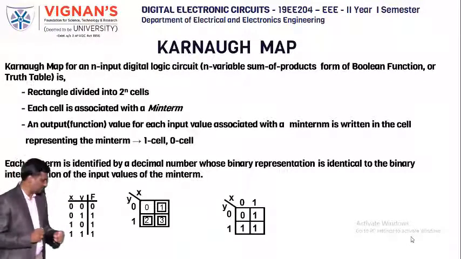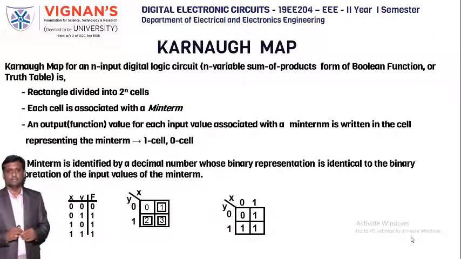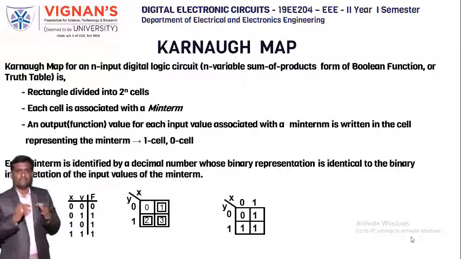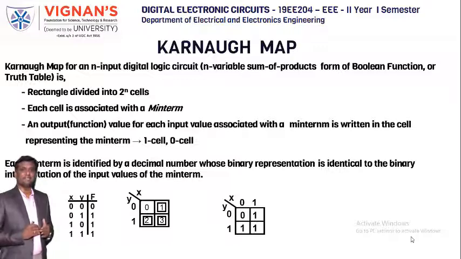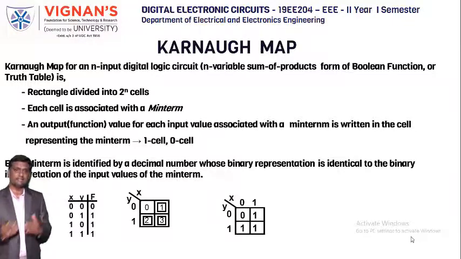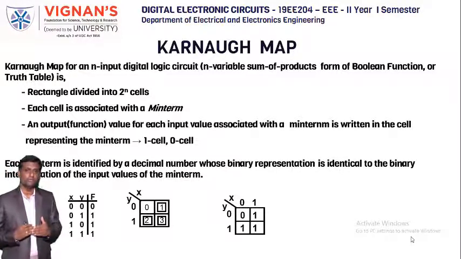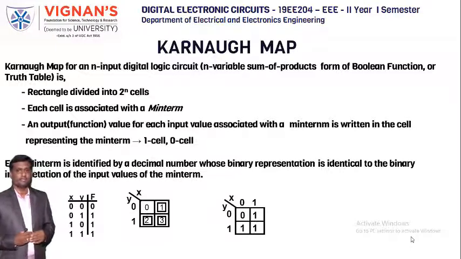So if you observe in this two variable K-map, if X is 0 and Y is 0, that combination is 0 and 0. That's why that cell value is 0, because its equivalent decimal value when X and Y are 0, 0 is 0. That's why the respective cell value is 0.